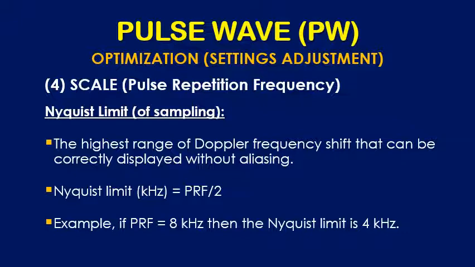Example here, if the PRF is 8 kilohertz, the Nyquist limit will be 4 kilohertz. 4 kilohertz means the Doppler shift beyond 4 kilohertz will not be shown correctly. It will have aliasing. So this is the limit of Doppler shift that the machine, or the ultrasound system, can accept without showing artifact.